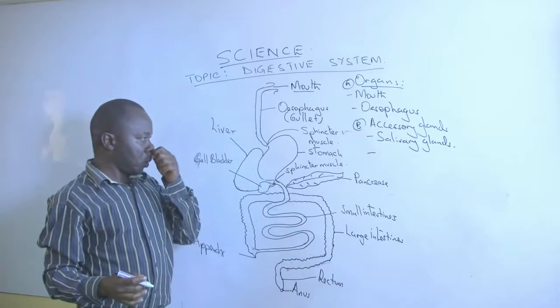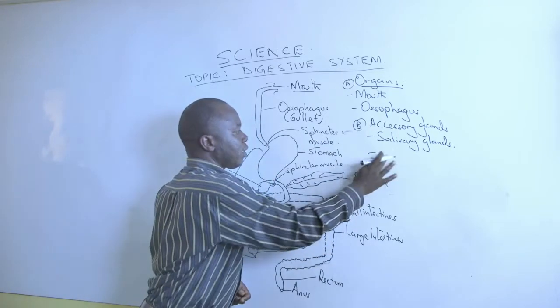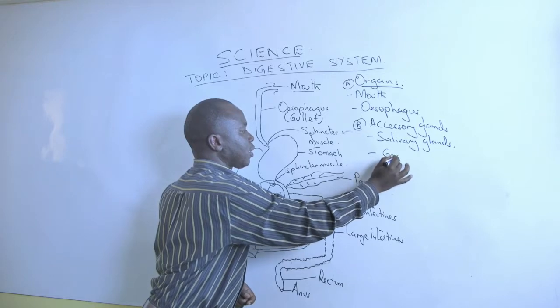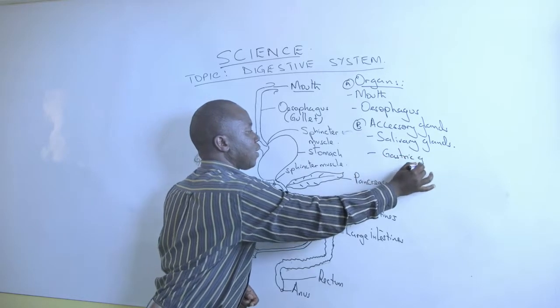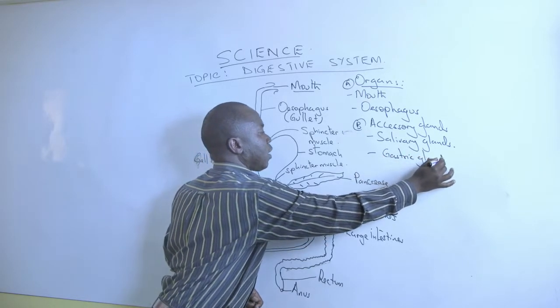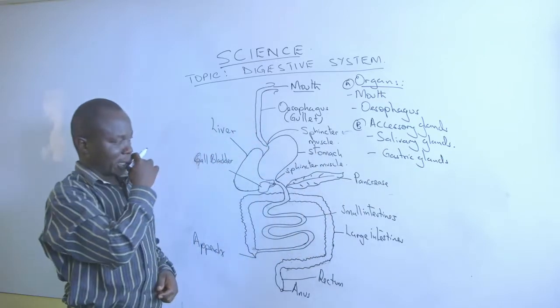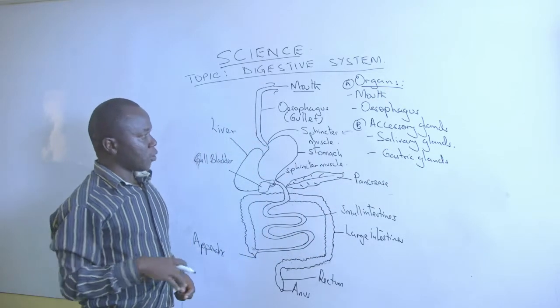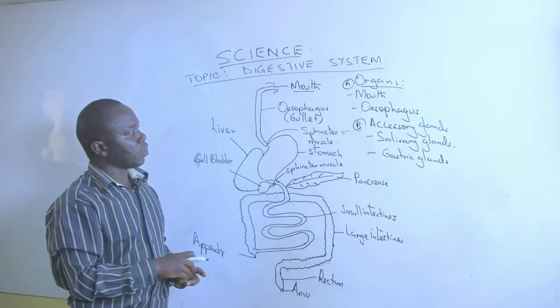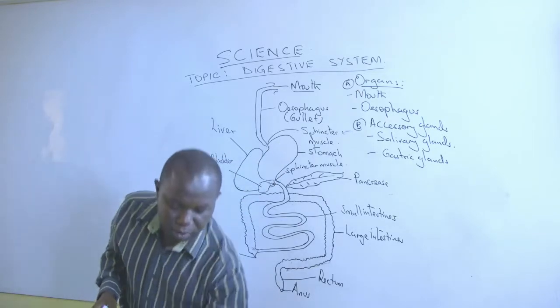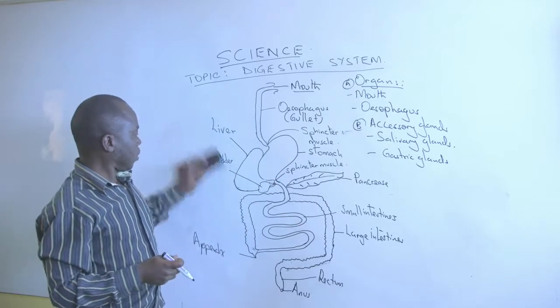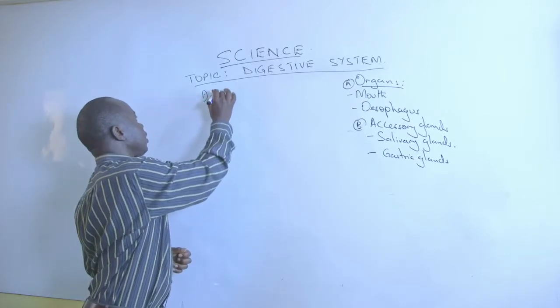On the stomach walls, we have glands called gastric glands. So we are going to look at each of those organs and find out their role in digestion. First part is the mouth.